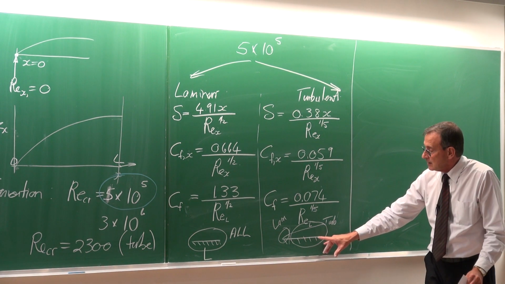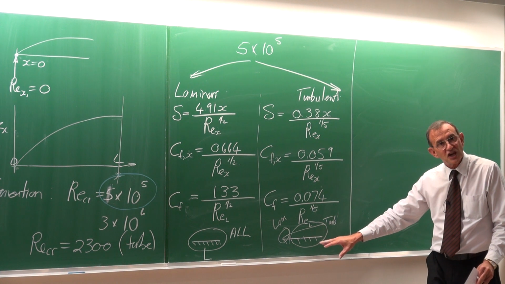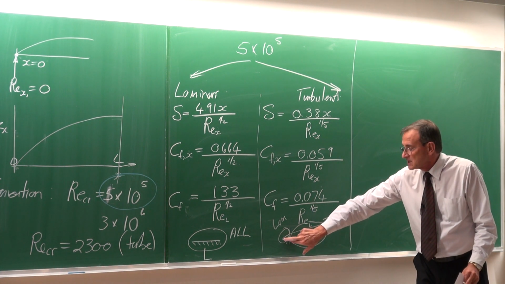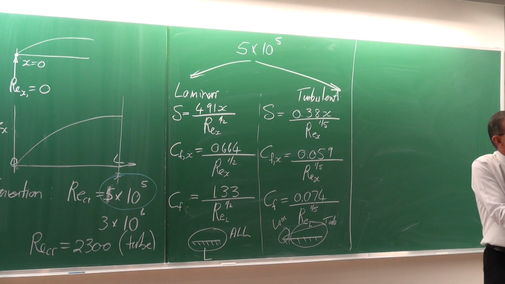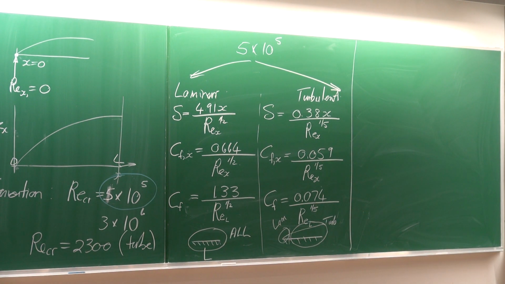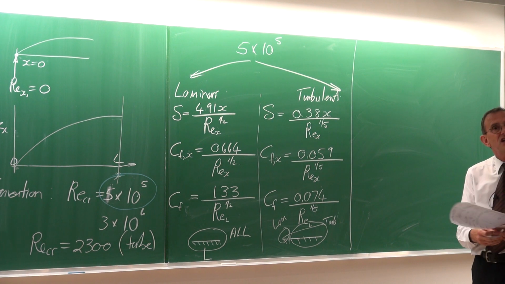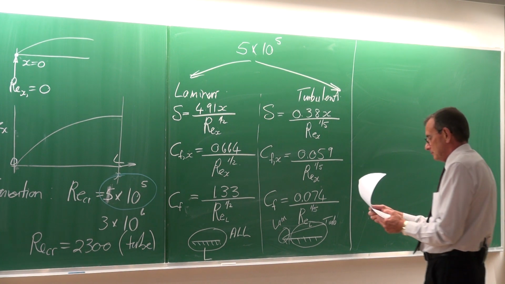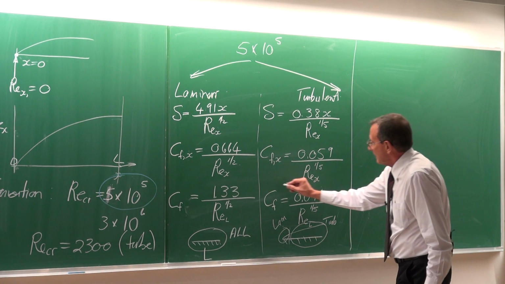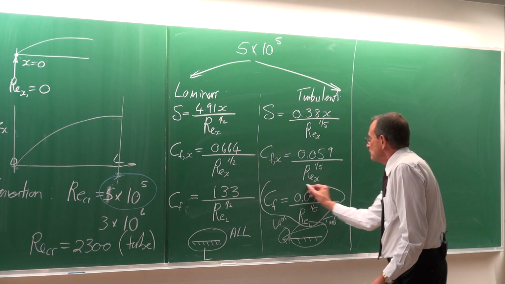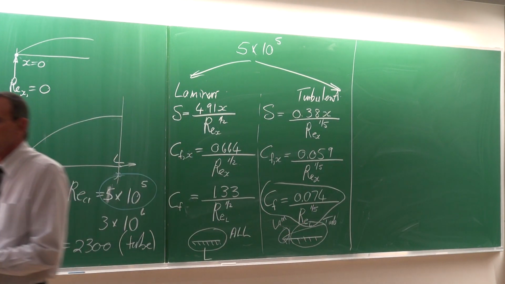However, if the application is of such a nature that this is only 10% or only 5% of the length of the plate, then we will say, there's no problem between good friends. We are going to make the assumption that everything is turbulent. So it's an engineering decision. So that's turbulent, that's laminar, but this equation assumes everything is turbulent.